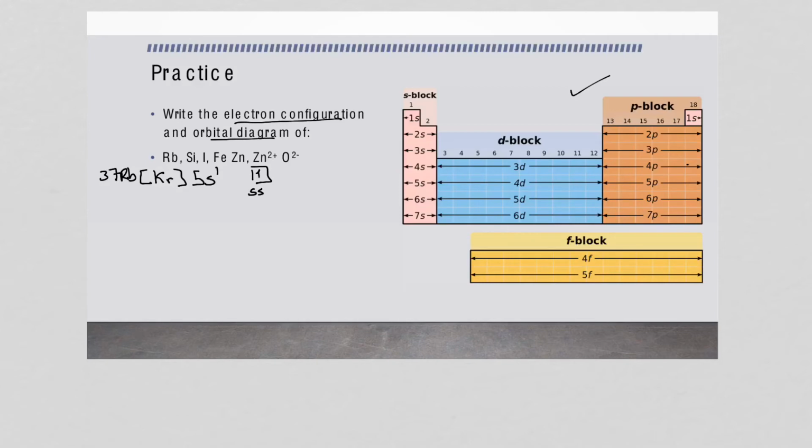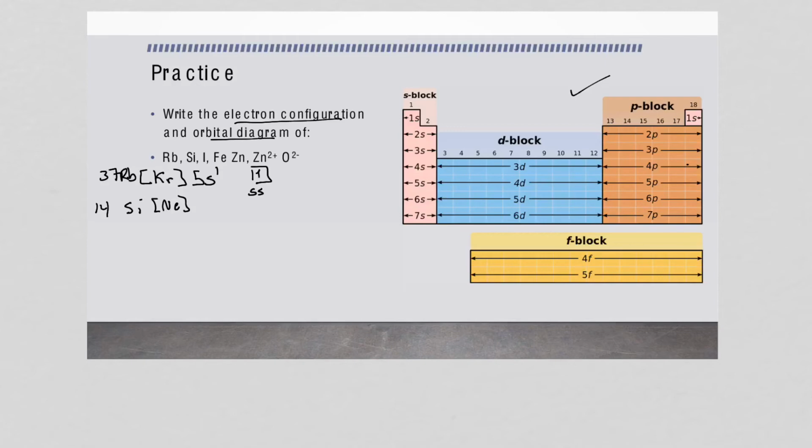So let's do Si. Si is element 14. Again, this one we can just write out, or we could use neon with its 10 electrons and then just go from there.